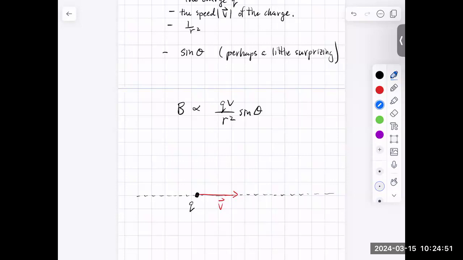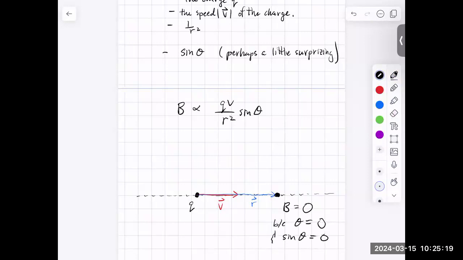The first thing we'll do is draw an R vector here, and then we'll say at this point, B is equal to 0 because theta is equal to 0 and sine theta is equal to 0.